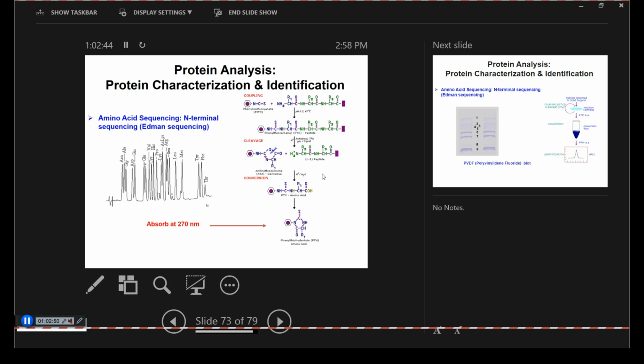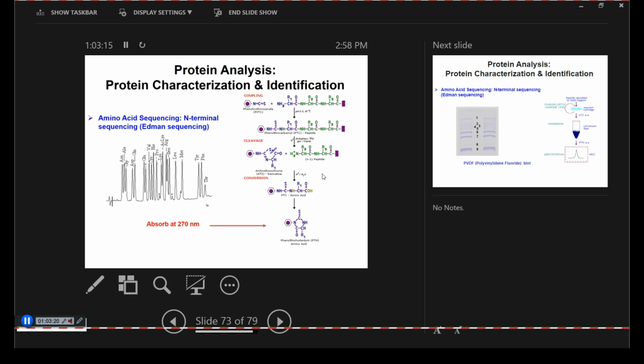And terminal sequencing, which is used to determine the sequence of amino acids within a protein. It's often called Edman sequencing because the person that came up with it has the last name Edman. So what it's based on, first of all, you need a purified protein, as pure as possible, because it requires high purity of that subunit or that protein to determine the exact sequence.